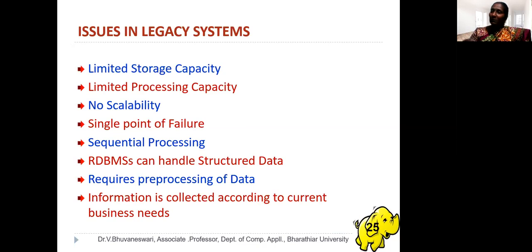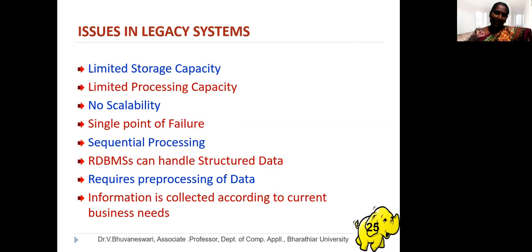But from a business perspective, these are two very complex issues faced by all business organizations which are generating huge volumes of data. One is your storage capacity. The other is your processing capacity. And since this ends up with my storage and processing capacity, we don't have scalability.